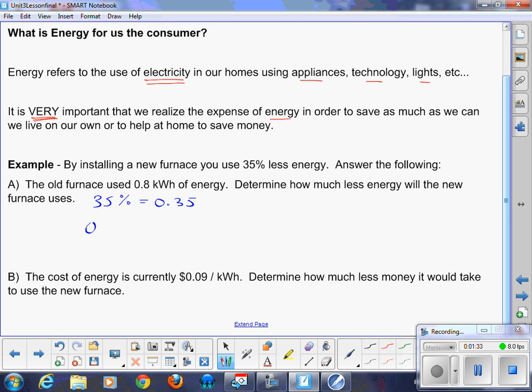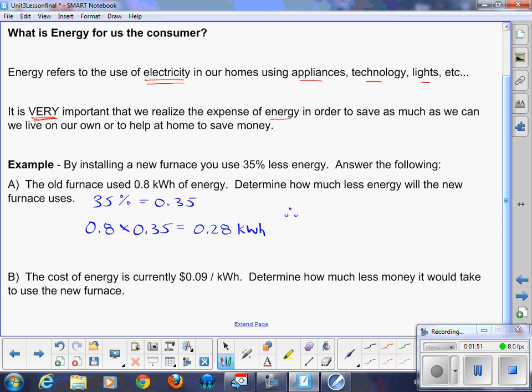We started with 0.8. We want to know what 35% of that is. So that's where that conversion to a decimal comes into play. So 0.8 times 0.35, we get 0.28, and it was in kilowatt hours.